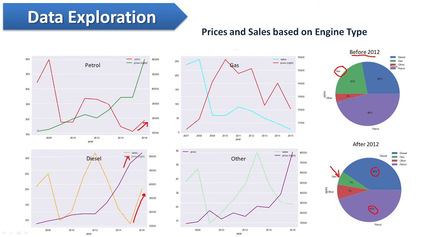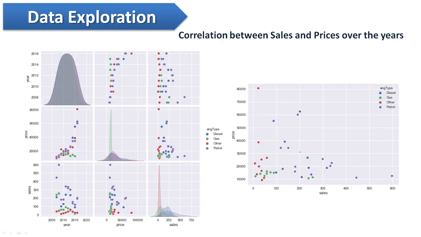Interestingly, the other cars, which are the future tech featured cars and come under this category, have shown a 3% increment in sales in the recent 3 years. Quite interesting.